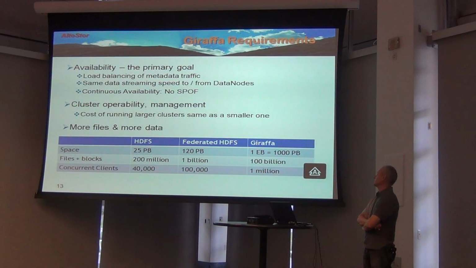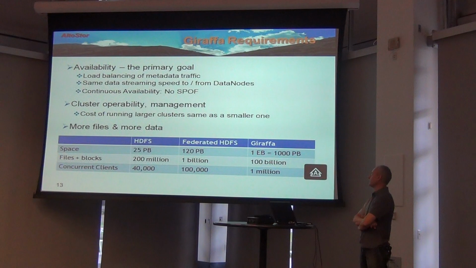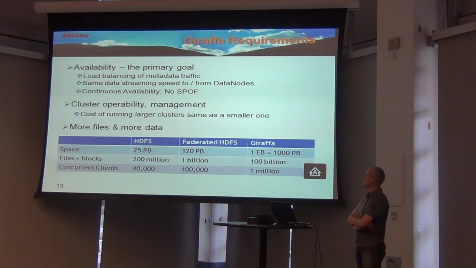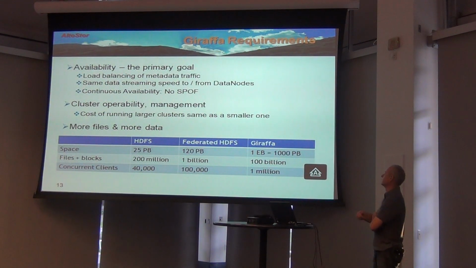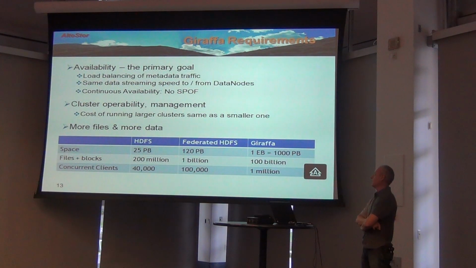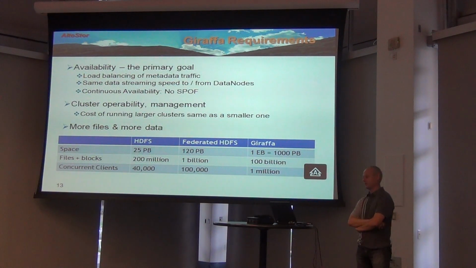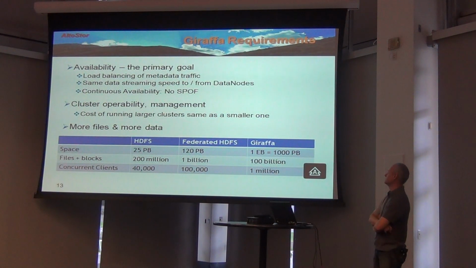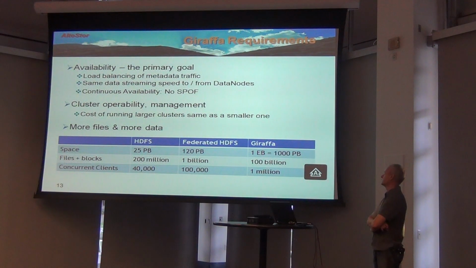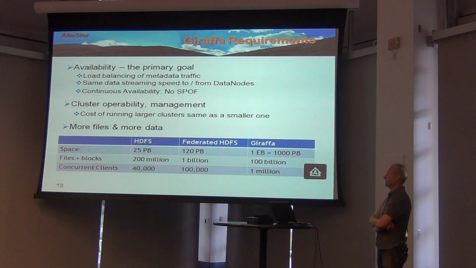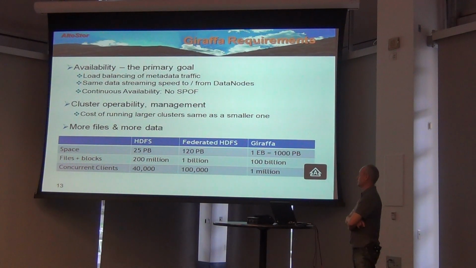There are three main motivations for Giraffa. Availability is the primary goal, and they're basically in the order of importance. And load balancing of metadata traffic is one of the main issues that Giraffa is addressing. Same data stream speed, not changing that, and continuous availability.